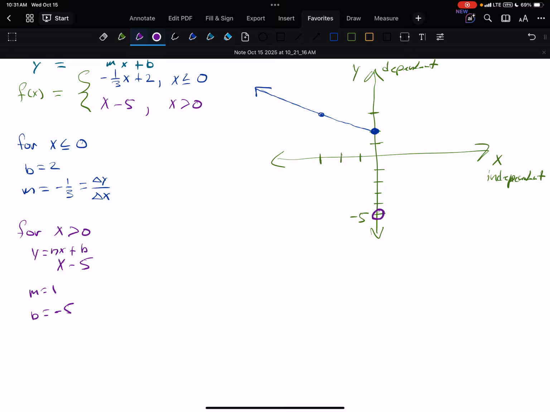so we have to use a strict inequality for the second equation. Okay, well, if my slope is 1, that means that my change in y over change in x is a positive 1. That means as I go right 1, I go up 1, right? Or as I go right 5, I go up 5.